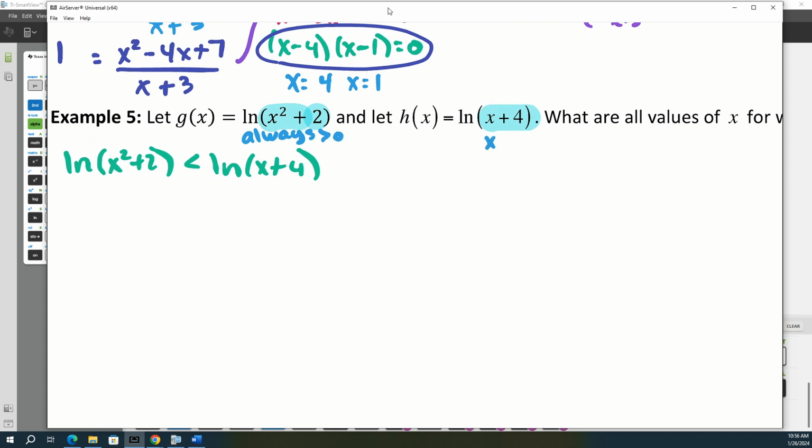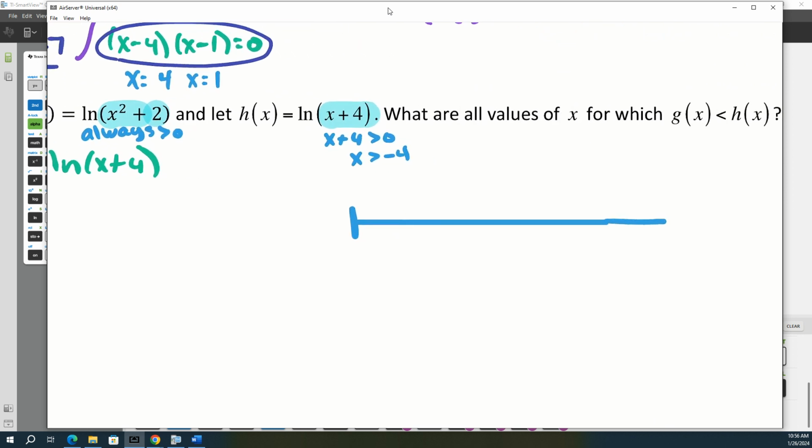This one, x plus 4, must be greater than 0, so x is greater than negative 4. So I know on my number line, negative 4 is going to be on the left. I can't go past it.